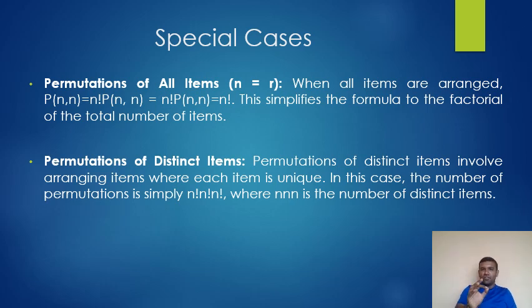As we were speaking about the word cat, all items are distinct in the word cat. Here, we can take it as n factorial. Cat has 3 letters, so 3 factorial is equal to 6. This was a special case of permutation.